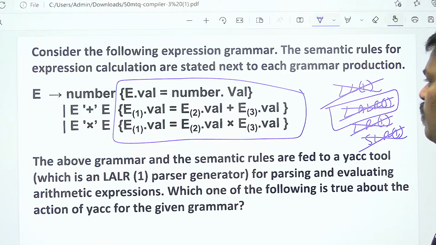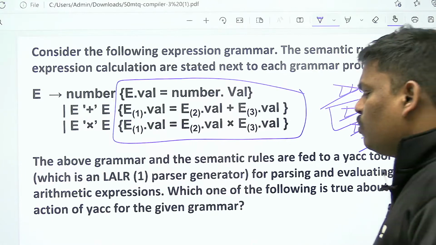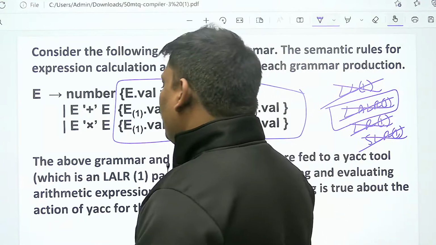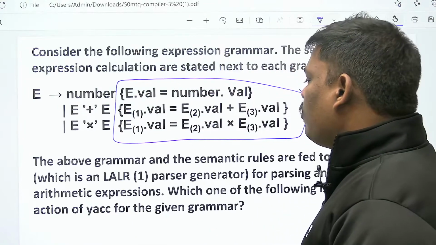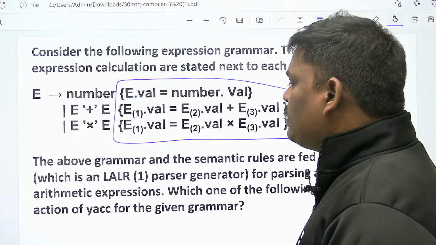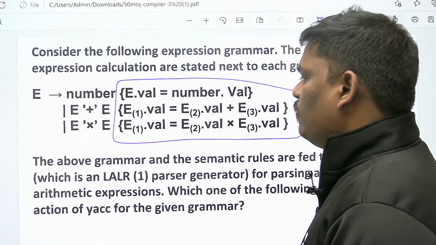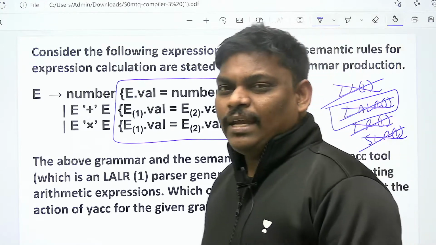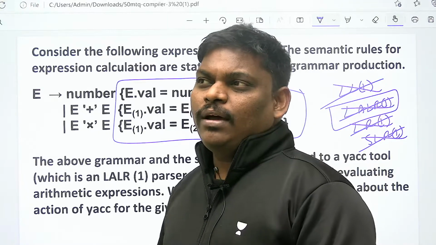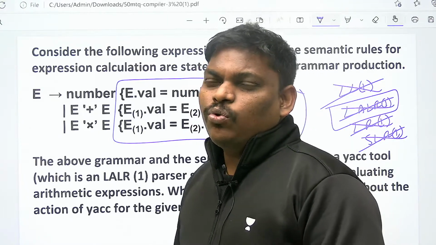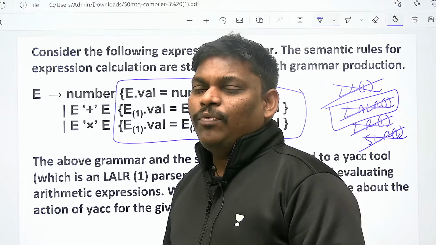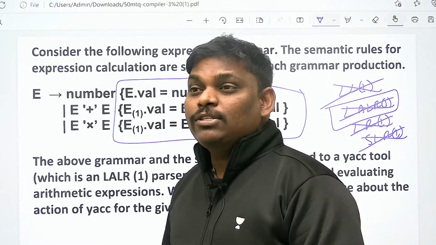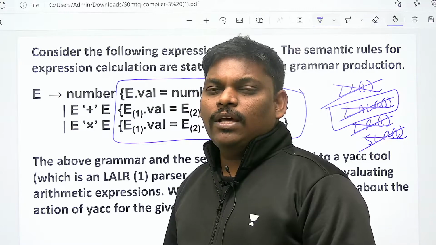If you give this grammar to the ACT tool, it will generate the LALR1 parsing table. If conflicts are there, it will resolve them also. The ACT tool not only creates the LALR1 parsing table, if there is any conflict, it will resolve it also.